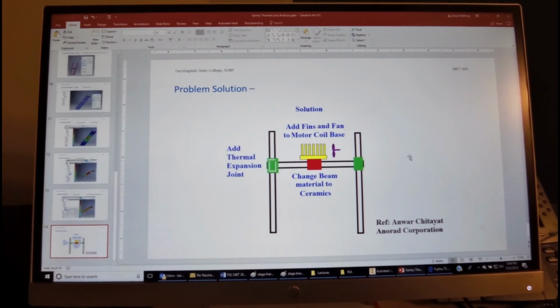So the solution that was actually developed at Anurad Corporation by its previous CEO, Anwar Chitayat, who has over 100 international registered patents, US and international, was to take the machine, which was an extremely high-speed SMT device, and add a fin to the base of the motor coil, and eliminate the heat concentration not through the windage of the high-speed motion, but actually through a fan.